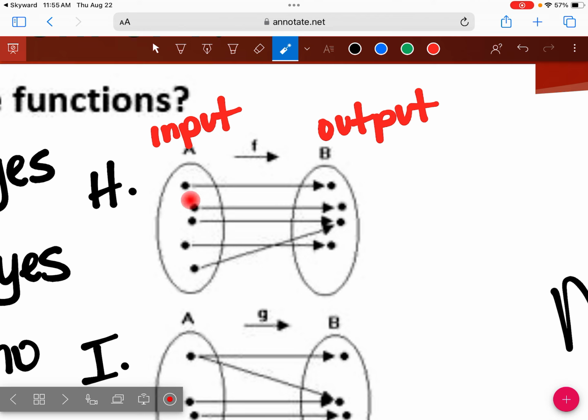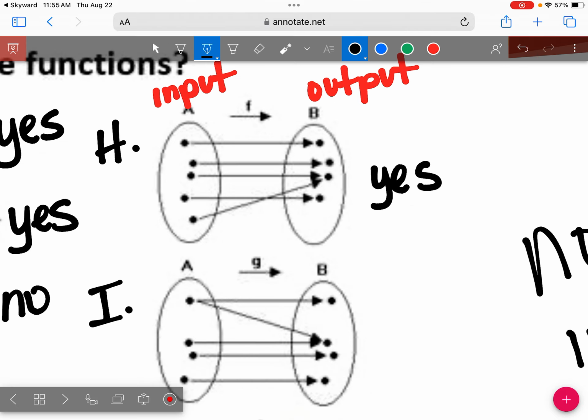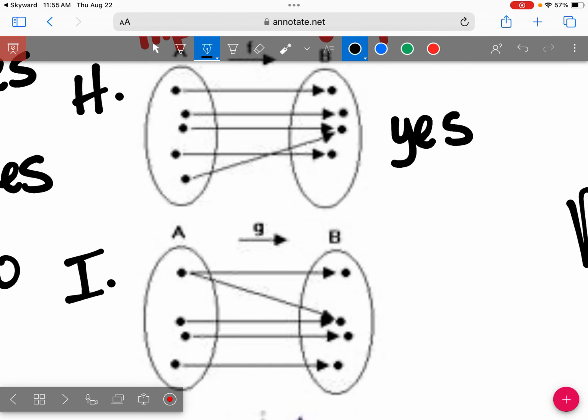So you see how every single, even though I don't know what these are, it's just dots. It doesn't matter what they are. Every single one of these points is only going to one output. That means that that is a function. This is a yes. The way you can tell that I is a no is because of this one right here.